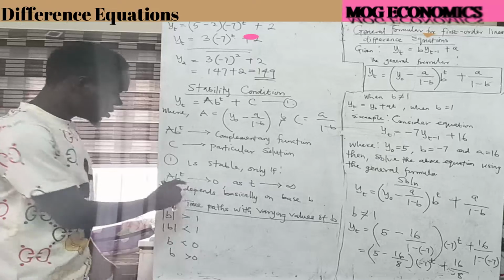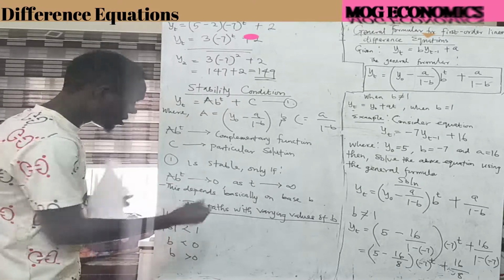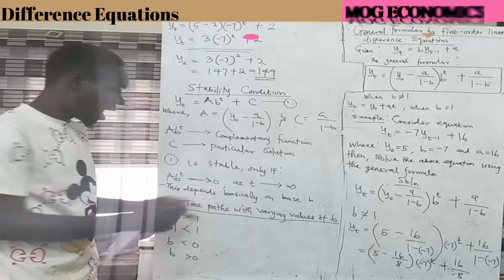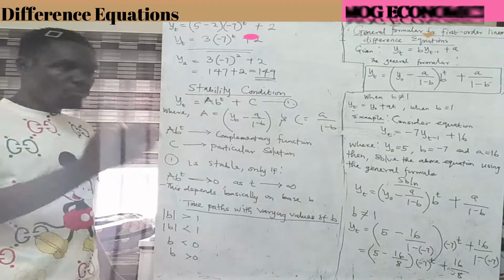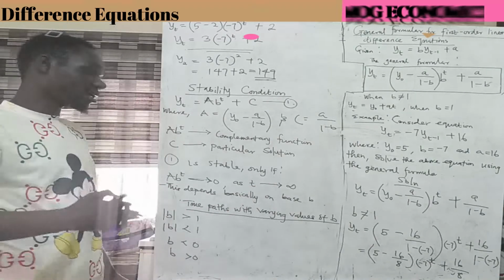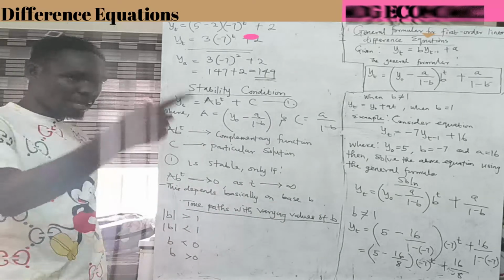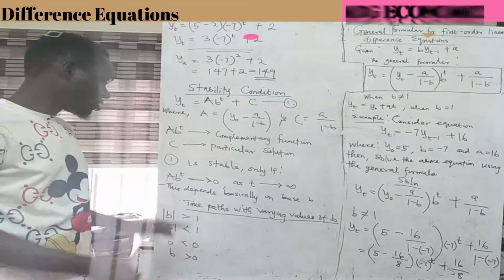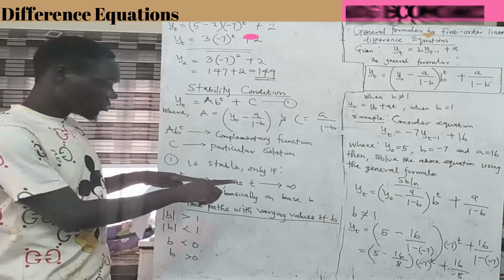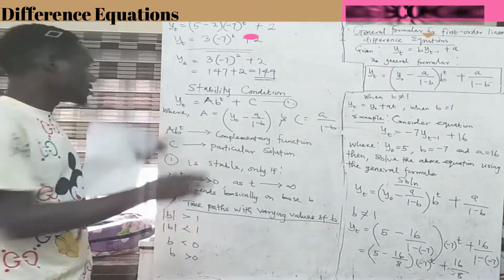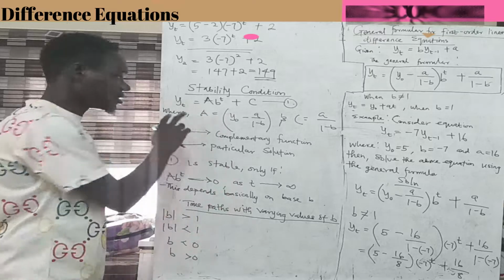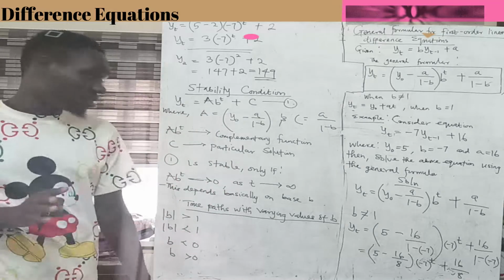If only this approaches zero as we move from one time period to the other, that is, as t tends to infinity, towards the future, then we can say that the function is stable. The particular function we are considering is stable.